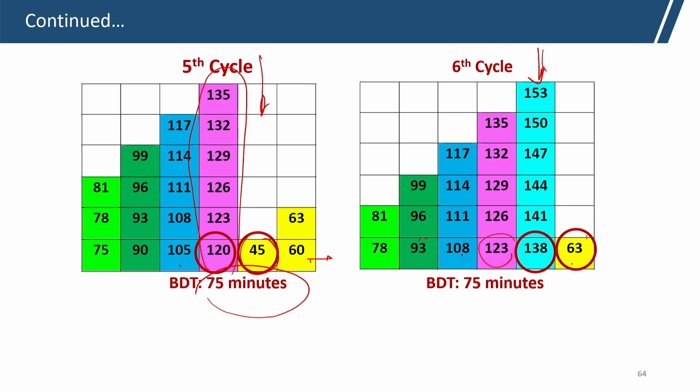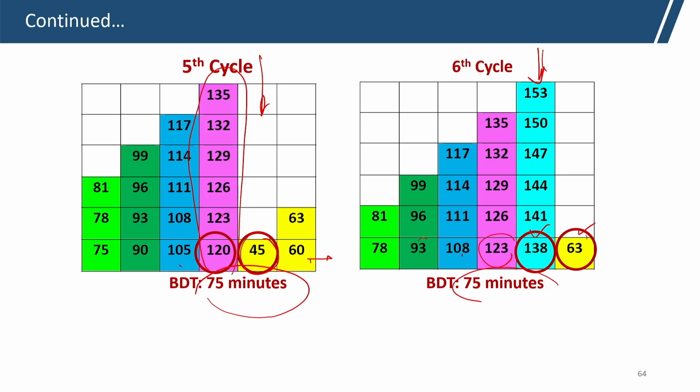Now, here if we see the maximum and minimum, maximum is 138 and minimum is 63. Now, here interestingly we see that the sixth cycle is equal to the fifth cycle.